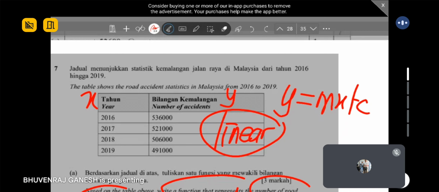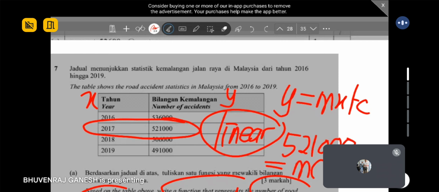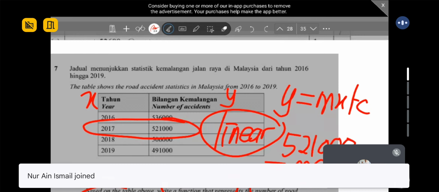Okay, so maybe let's say I choose this data. I want to choose this data to substitute. So guys, I will substitute y is 521,000. Okay, m we don't know. The x value, guys, may I know? What do we substitute for x here? Very important, guys. The x value, what answer do I substitute?